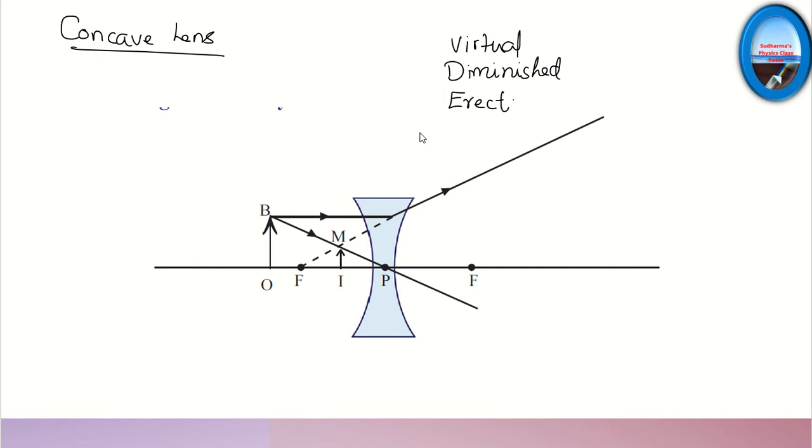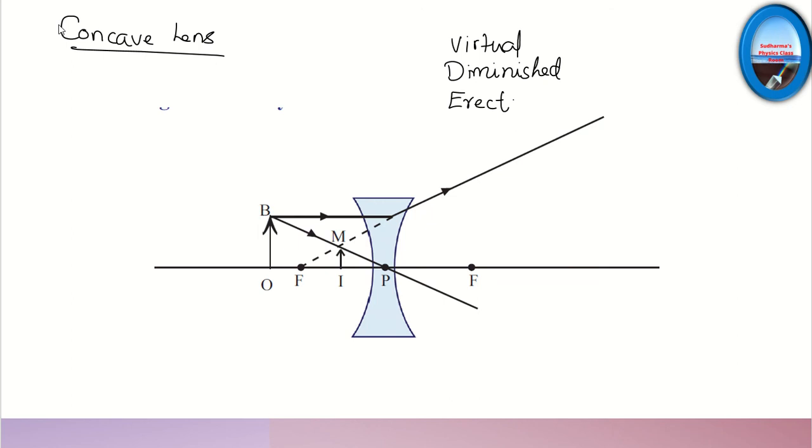So we will be getting an image which is smaller in size. Suppose there is a question: you are given two lenses and a printed sheet of paper. That was a question in a CBSE board exam. How will you identify the lens without touching it? See, when you touch and feel, you can find out what type of lens it is. If the surface is bulging outward, it is a convex lens.